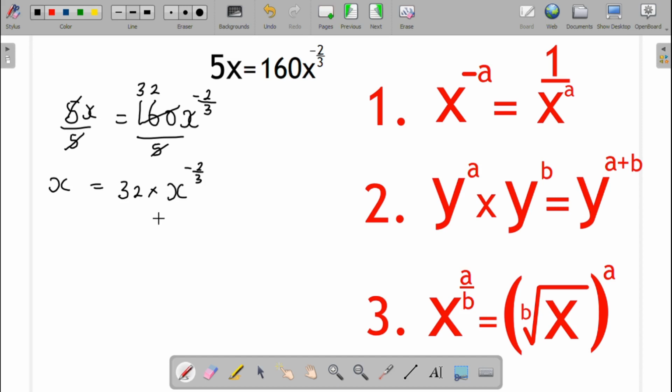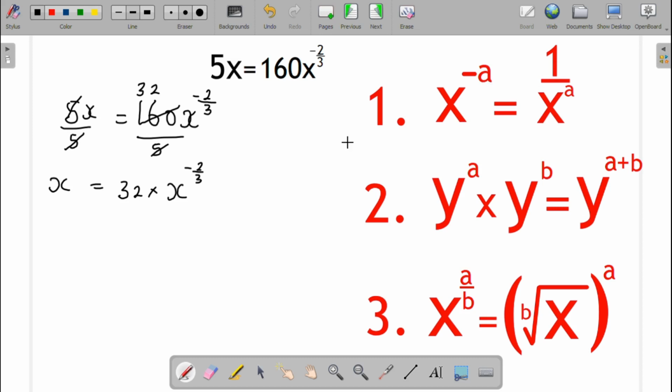Okay, now at this junction, we are going to apply one of the principles of indices: if you have an unknown number which has a negative power minus a, then the minus simply represents 1 over x, the unknown number, to the power of a.